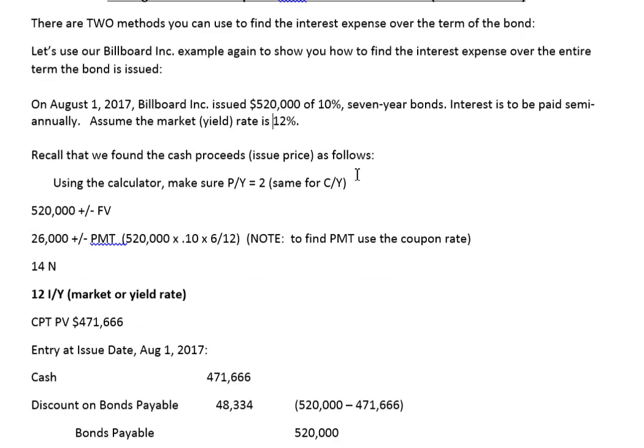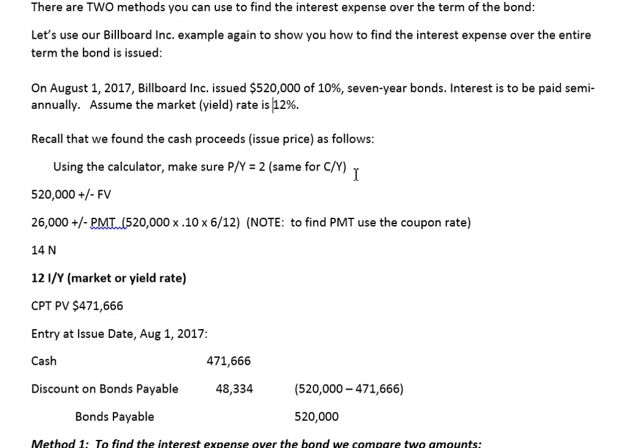Now, last time we worked on calculating the issue price of a bond. We referred to it sometimes as cash proceeds or the present value of the bond at the date it was issued. In order to get this number, what do we do? Well, make sure that because your bond is paying interest semi-annually, you set your P/Y in your calculator as 2.